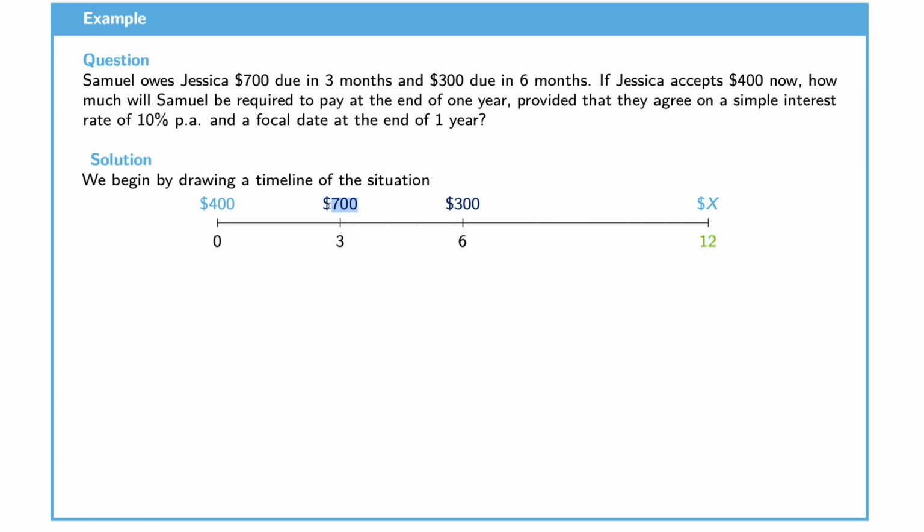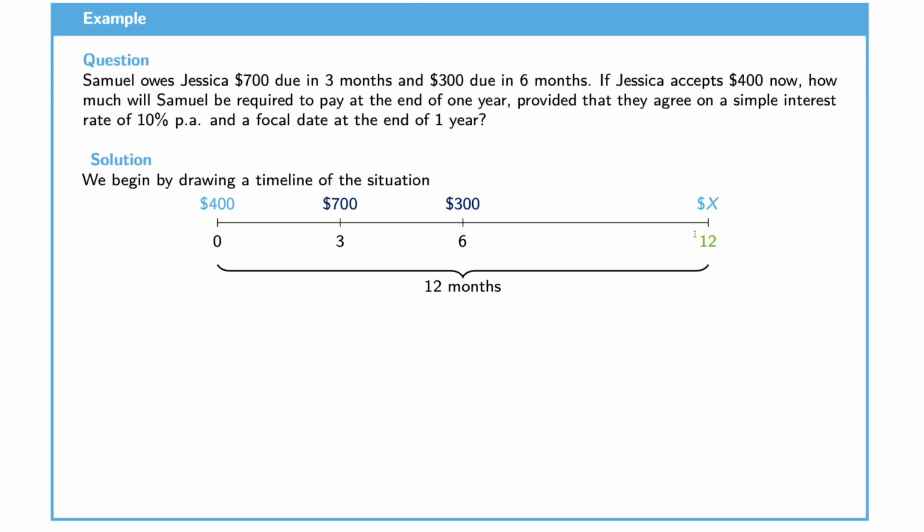Now, we've also been told in the question that the equivalent set of payments to $400 now and some sum of money in the future is $700 due at time 3 and $300 due at time 6. So what we have to do is find the value of x so that the value of x plus the value of the 400 is the same as the value of the 700 and the value of the 300, all at time 12.